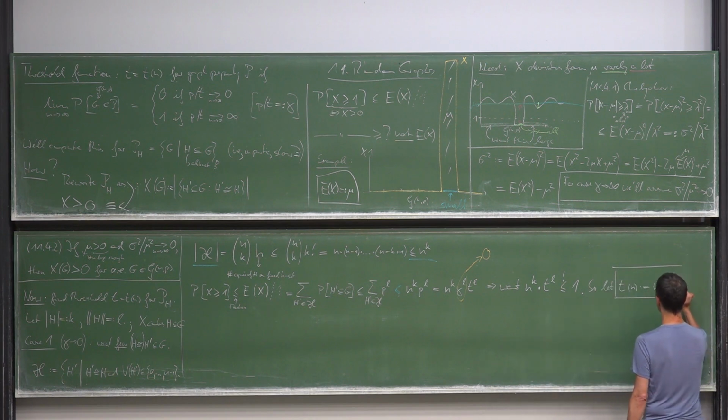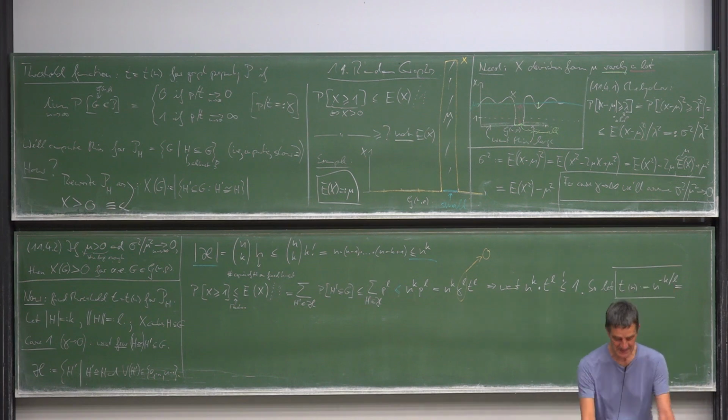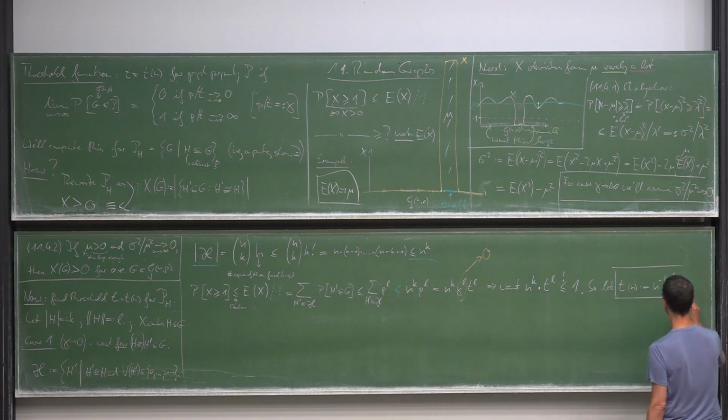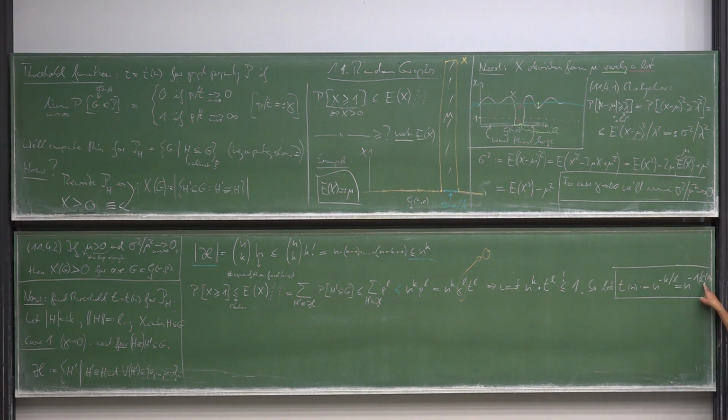Let me just give this a slightly different wording. N to the minus 1 over epsilon of H. Remember epsilon? Number of edges divided by number of vertices. So L over K. We have K over L here.